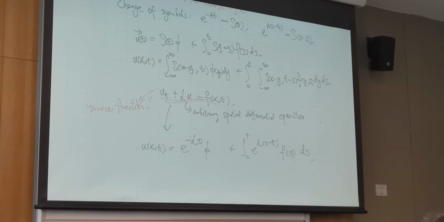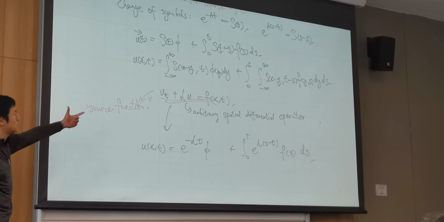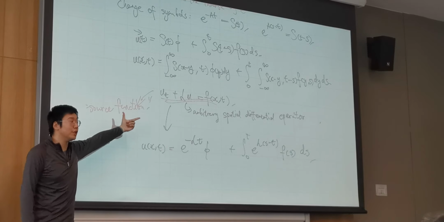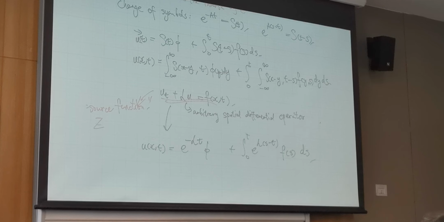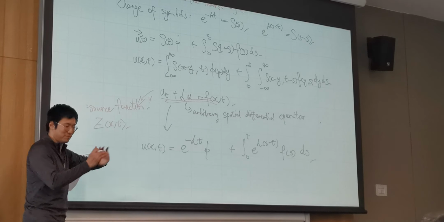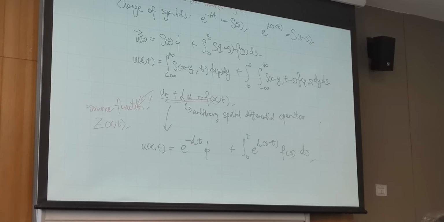Suppose I'm having a source function for this arbitrary linear PDE, and let me call this source function Z(x,t). The reason that I'm using Z is that it can be regarded as a reverse of S, right?